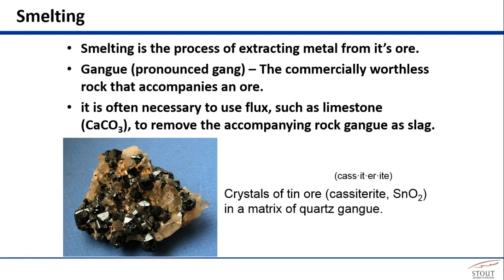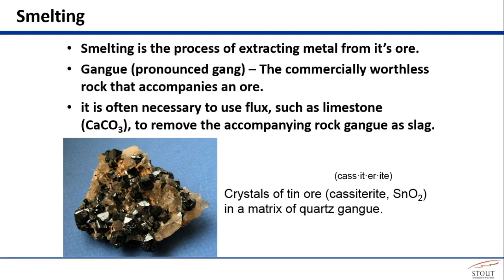You remove the gang from the ore. Imagine gang wars at these rock shows. So gang, the worthless part of the ore. So the process of smelting, you have to melt that down and separate it from the commercially important part.